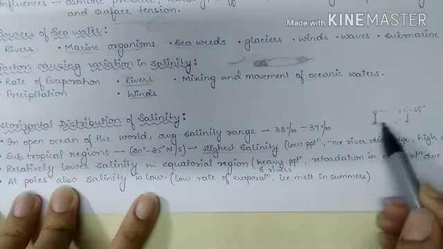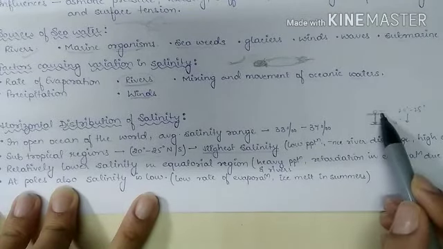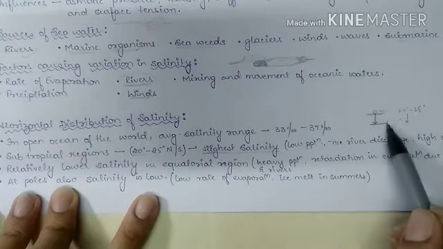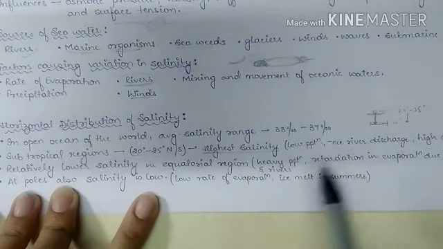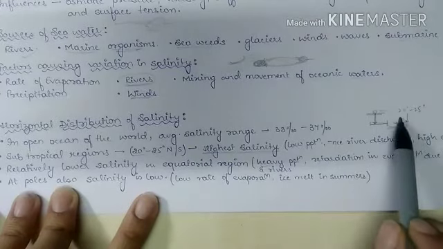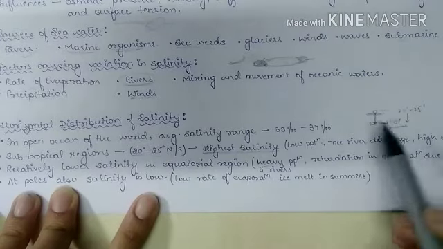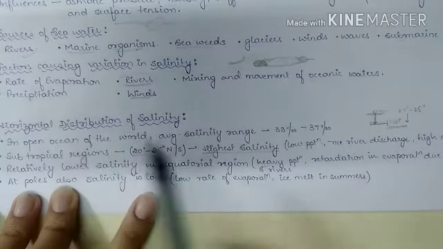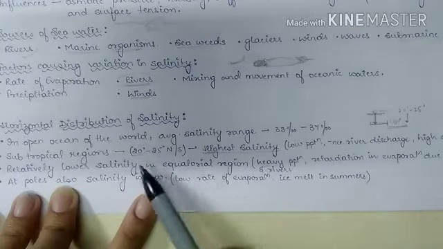And why do we have low salinity in this area as compared to the subtropical region, despite the higher temperature? This is because heavy precipitation occurs in this area, and the area gets fresh water from the precipitation, so the salinity is less.